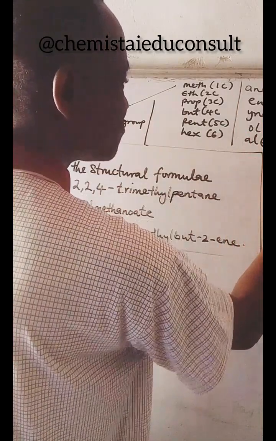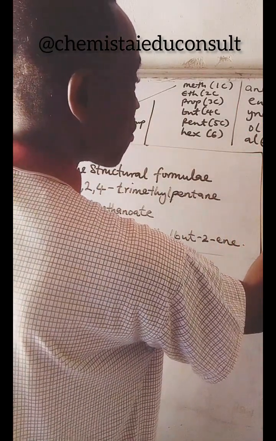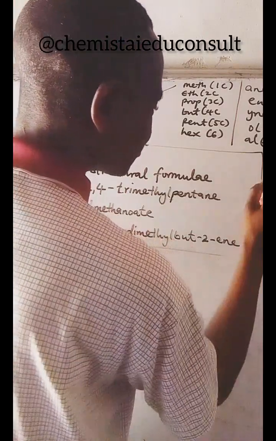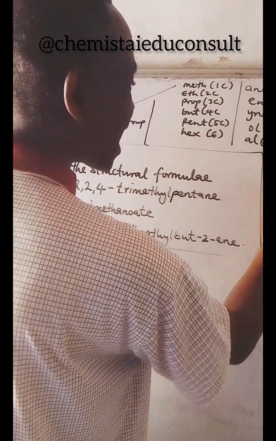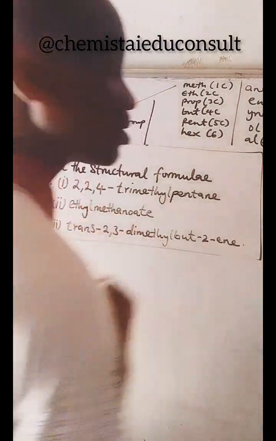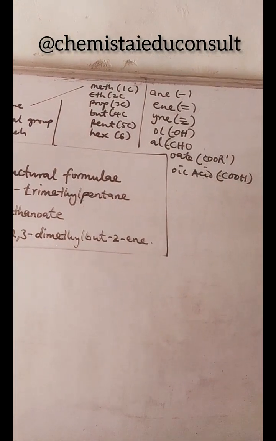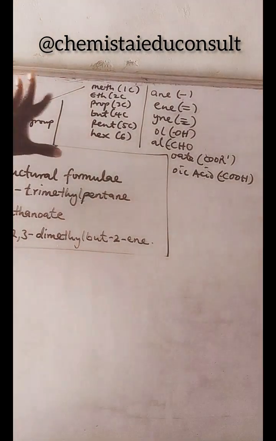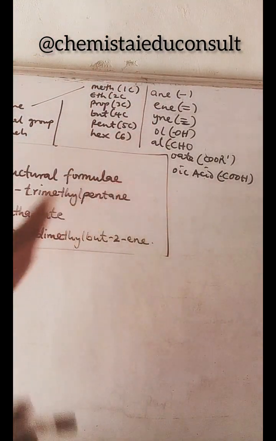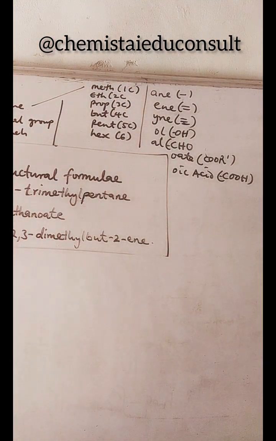Oate, meaning COOR prime. Oic acid, meaning COOH, and so on and so forth. So all these suffixes should be noted. So once you discover the root with these suffixes, the battle has been half won.